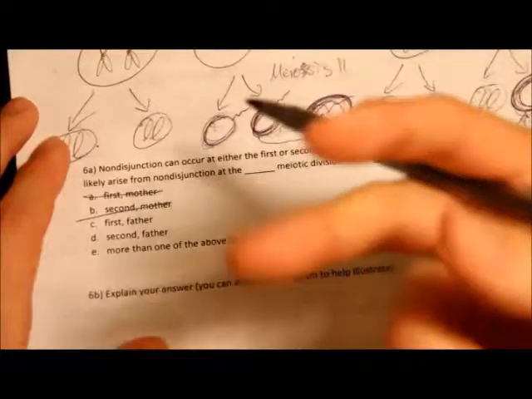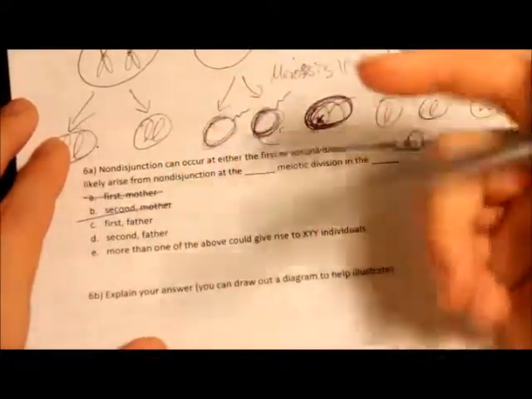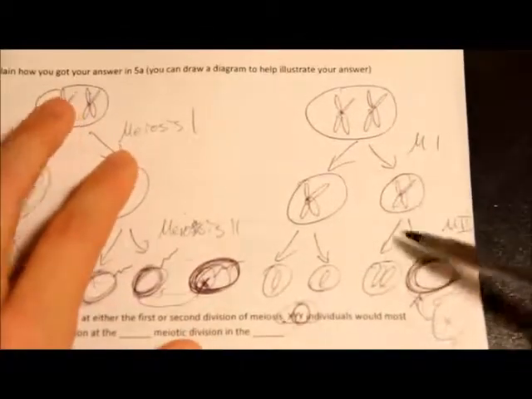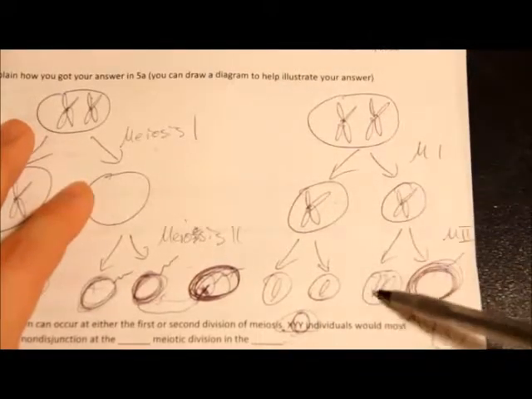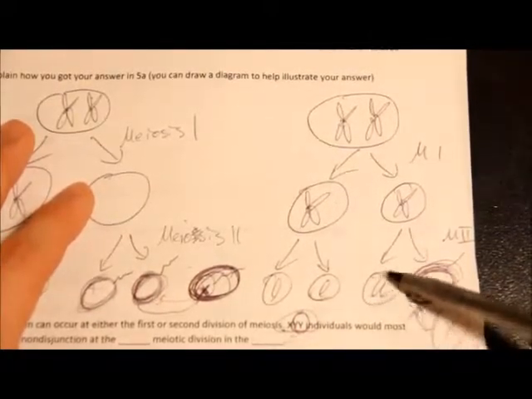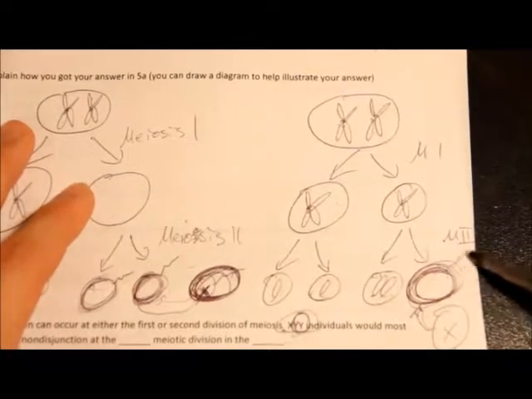For a cell to contain 2 Y chromosomes, non-disjunction must occur at the second meiotic division. So just going back to what we drew up here, say this was talking about our Y chromosomes. To have an extra Y chromosome, it must occur in the second meiotic division.